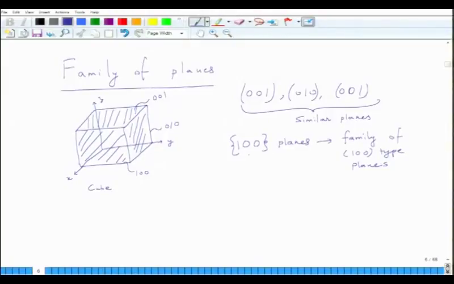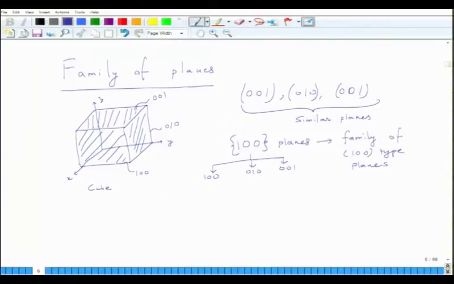So, {1 0 0} here implies 1 0 0, it implies 0 1 0 and it implies 0 0 1, okay. So, you can see that there is a multiplicity, right.